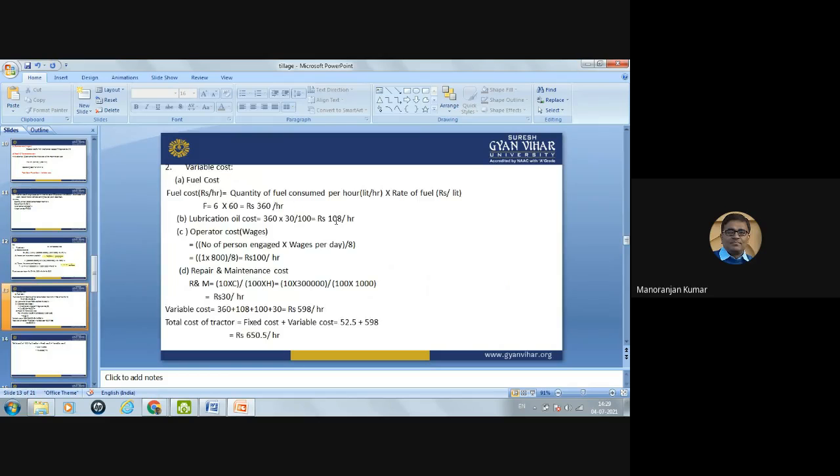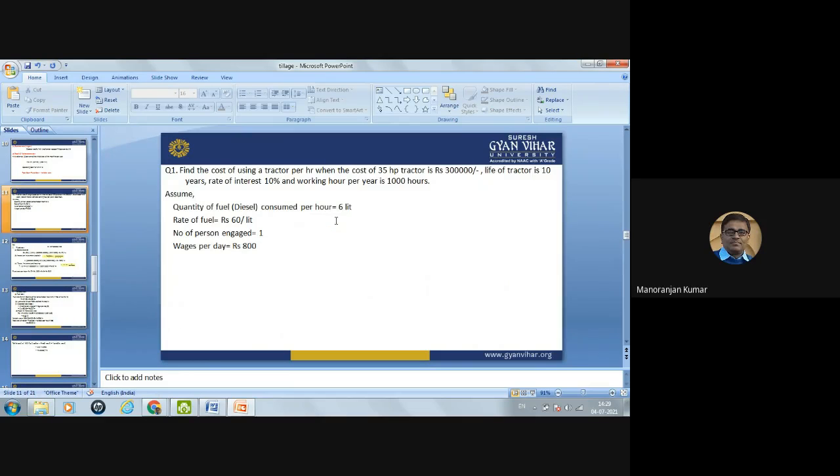So here you have seen there is no implement. Only the tractor is there, and you have to calculate the cost of the tractor only. Suppose any other implement is there, like an MB plow or any other plow. In that case, you have to calculate the cost of the tractor as well as the total cost of the implement also.